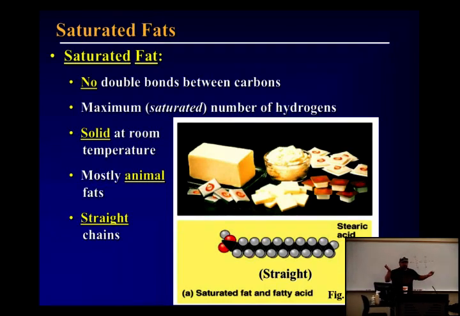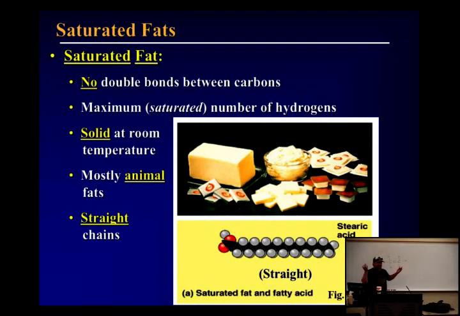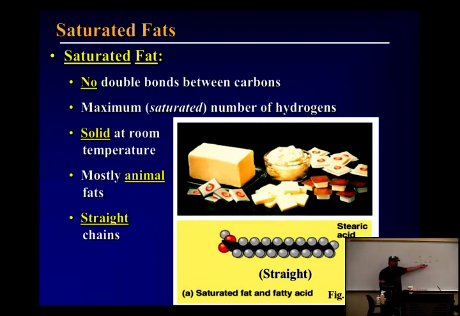But if you didn't want to have to go and get animal fat, what could you do to turn plant fat, which is the unsaturated, into more consistent animal fat? What would you do to it? This is liquid at room temperature. You want to make it more solid so your ice cream is more creamy. What are you going to do? You want to add hydrogens, right? And so that's hydrogenated.